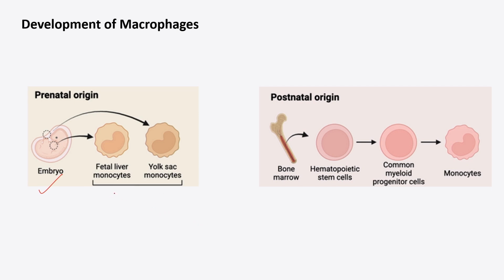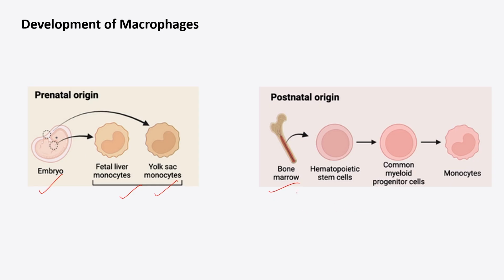For example, in the fetal liver, the monocyte can be producing the macrophages, and also the yolk sac can produce a monocyte. So we could have a different set of the macrophages either coming from the liver or from the yolk sac. While later in life, say after birth, we see that the different lineages of the macrophages are coming from the bone marrow.